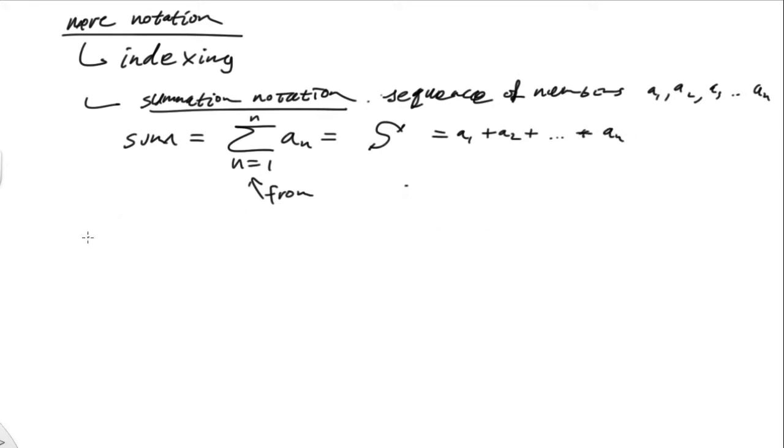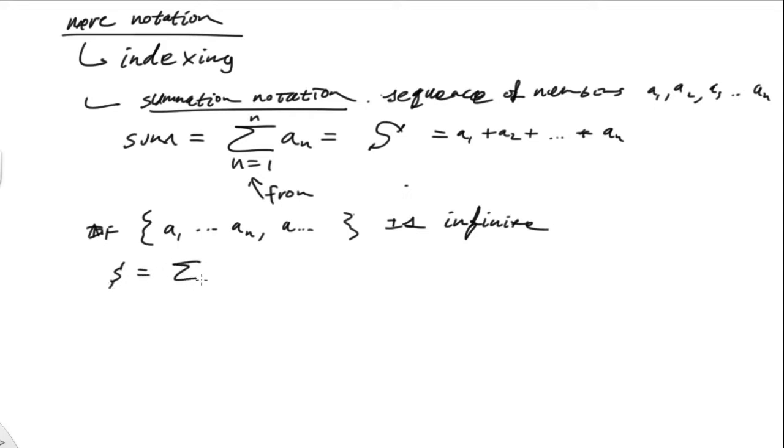Likewise, if this goes all the way to infinity, so if this is infinite, then of course we write the sum S, if it converges, that is, from n equals 1 all the way to infinity of an, and that equals my sum.